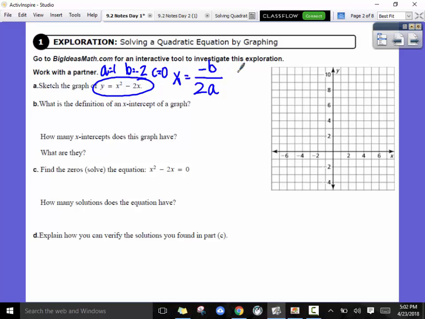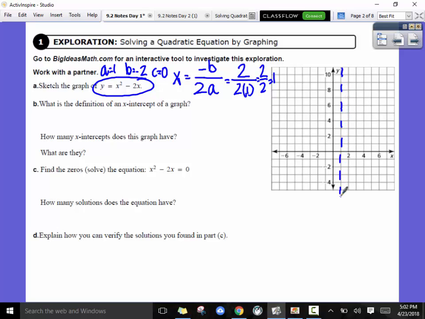So negative b is negative 2, so negative b would be 2, and 2 times a is 2 times 1, 2 over 2, which equals 1. So my axis of symmetry is at 1.